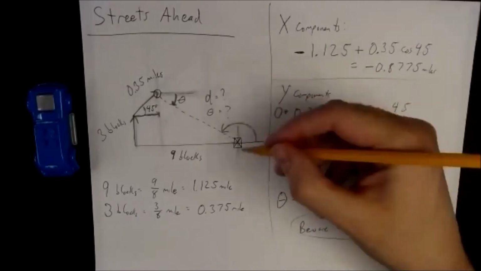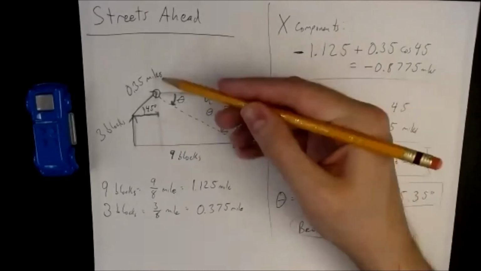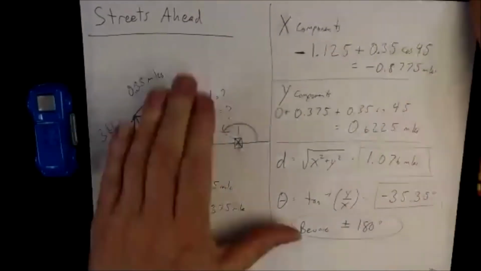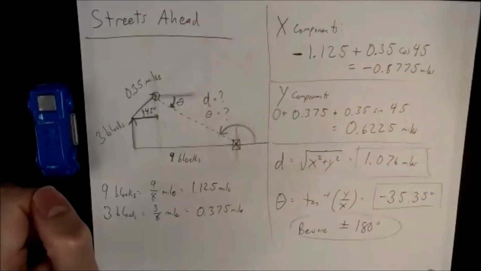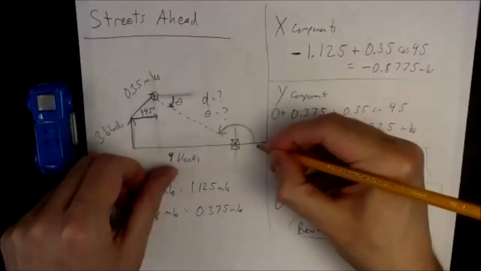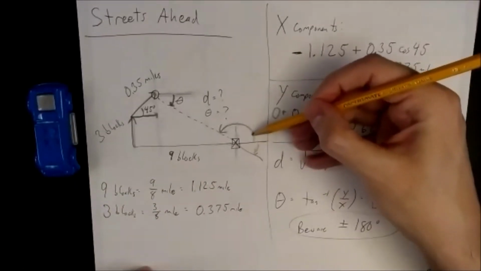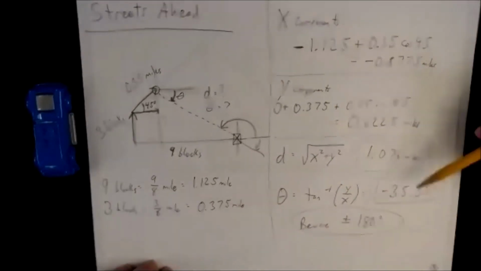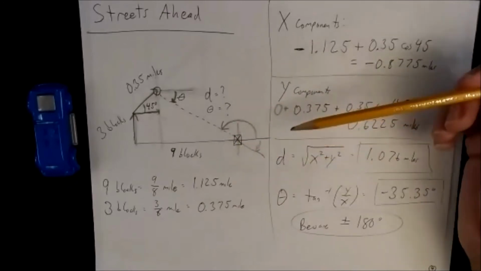And then if you have a problem where you're having to find the angle from your house all the way up there and your calculator says negative 35, you can look at this right there and say negative 35 is definitely wrong. Negative 35 is that. Oh, wait, but if I add 180 to it, I'd get exactly what I think that I should. So always remember that. Always draw out all of your angles whenever you can.